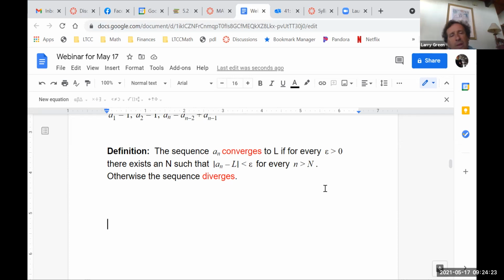Okay, so I want to mention a few things. When you're talking about whether a sequence converges, do you care about what happens in the first 500 values of the sequence? What do you think? Not too much, actually, not at all.